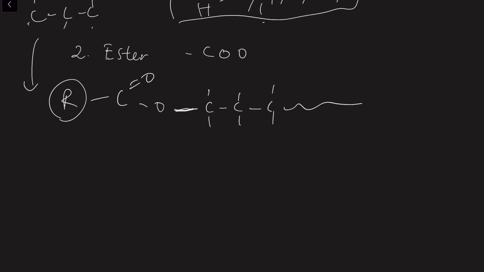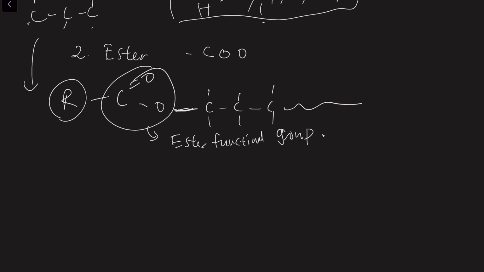So the COO, luckily the name is not confusing. So it is the ester functional group. So this is formed by reaction, we will talk about this in detail in the next video, between alcohol and carboxylic acid.